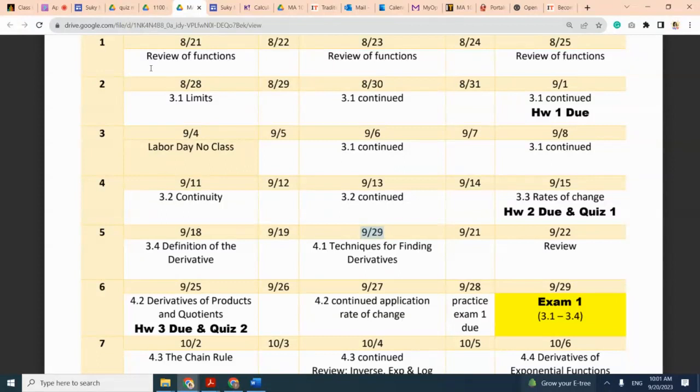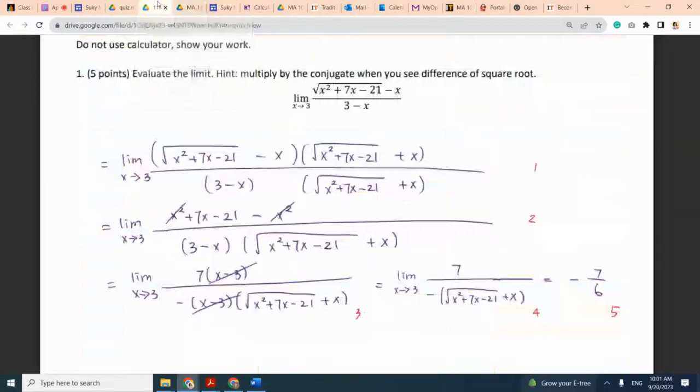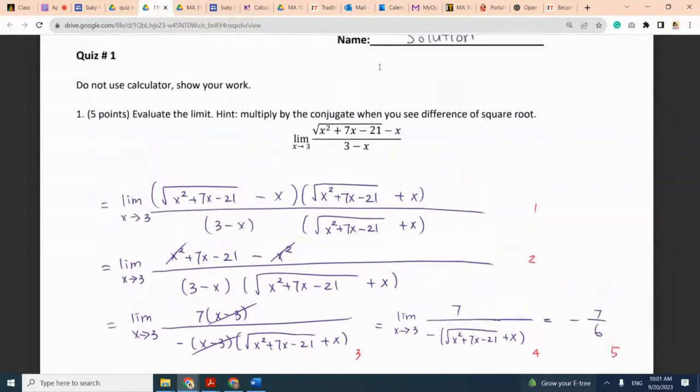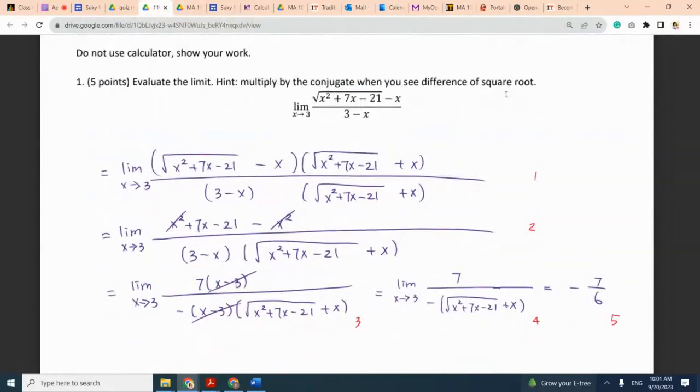Right, so let's first talk about our quiz. You did the first quiz, and this is the solution. The first problem, we want to evaluate the limits, right? And when you plug in 3, you realize you get 0 over 0. So that means we have a bad guy, right? If you see difference of square roots, if you see a square root, multiply by its conjugate.